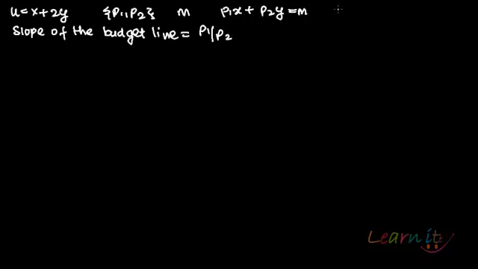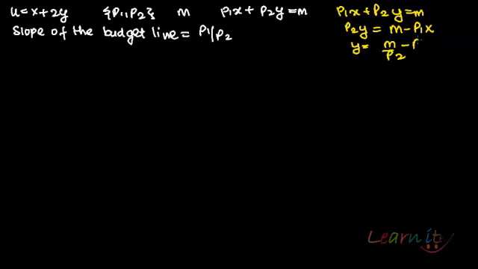Because P1x plus P2y is equal to M. So you can write it as P2y is equal to M minus P1x. So y is equal to M by P2 minus P1 by P2 x. So here this is the y-intercept and this is the slope. So P1 by P2 is the slope.